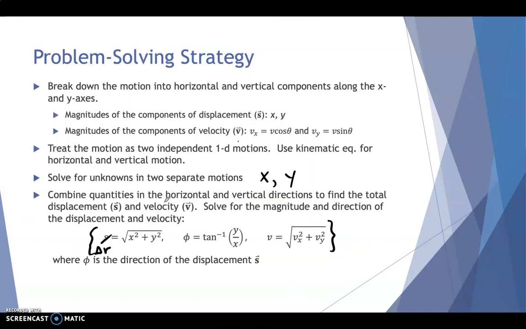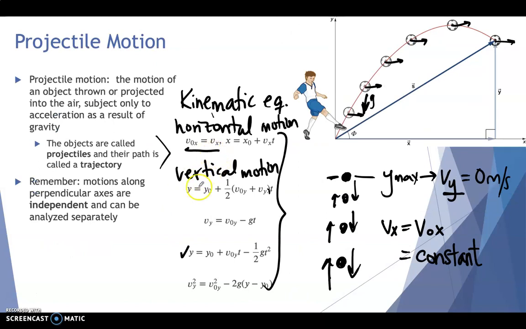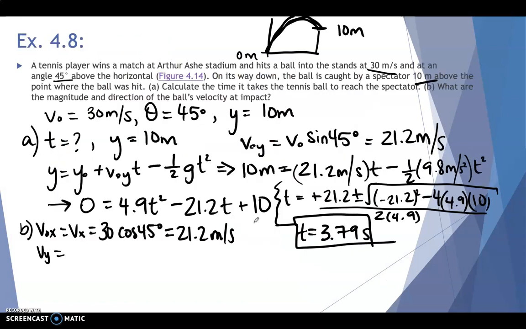So let's go back to our equations here. We can find our v sub y using this equation here: v sub y equals v naught y minus g times t. So that's what we'll use. We can plug those values in.